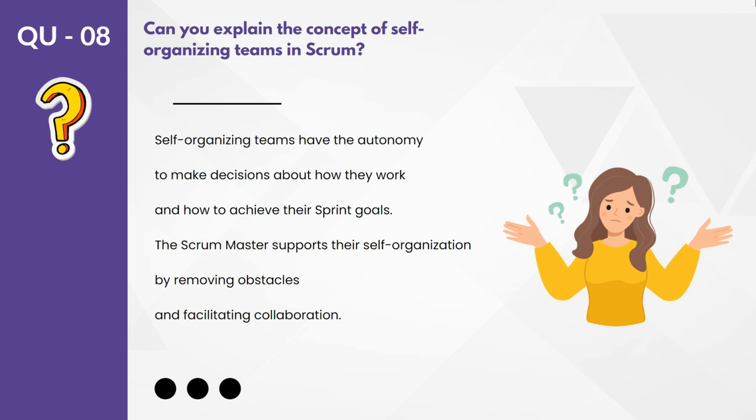Question 8: can you explain the concept of self organizing teams in Scrum? This is a little subjective question, because we know that a Scrum team should be self organized. But what does self organized mean? Self organizing teams have autonomy.